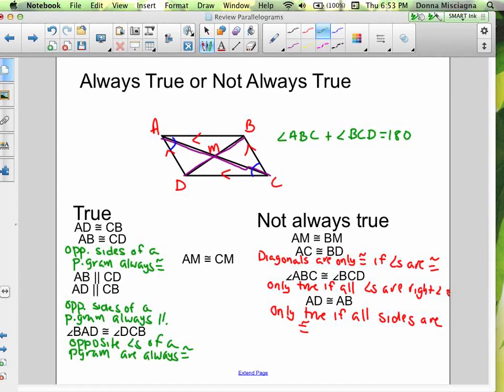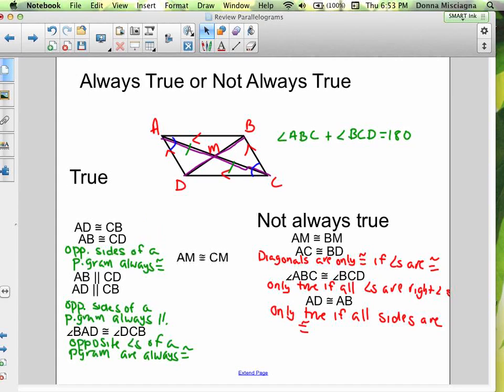Our last one, AM congruent to CM. Now, AM is not necessarily congruent to BM, but AM is congruent to CM.